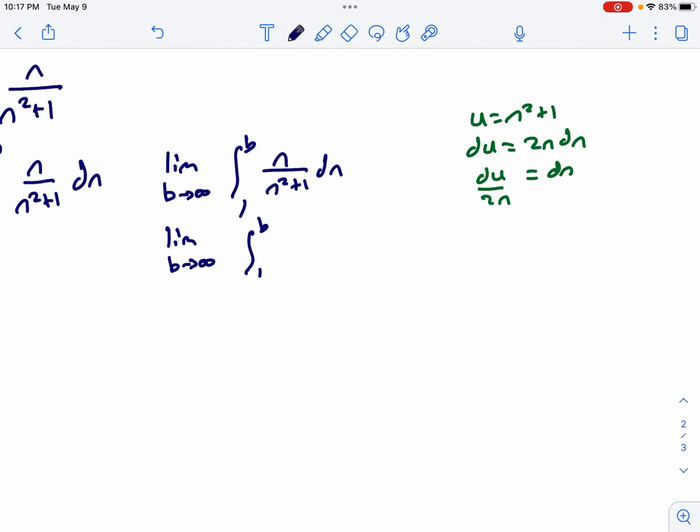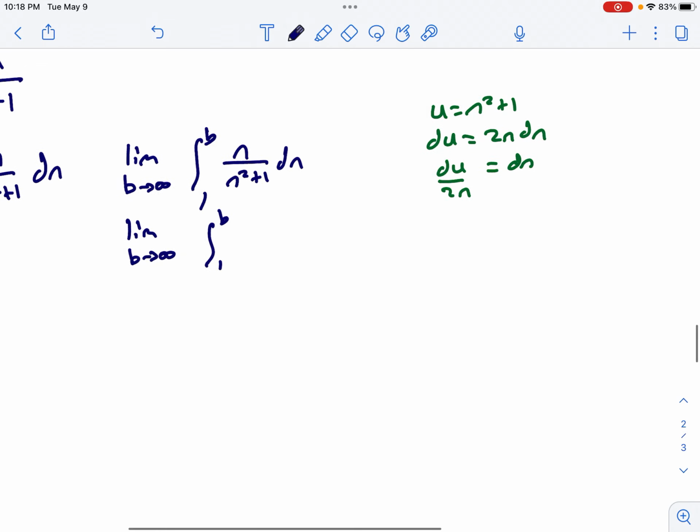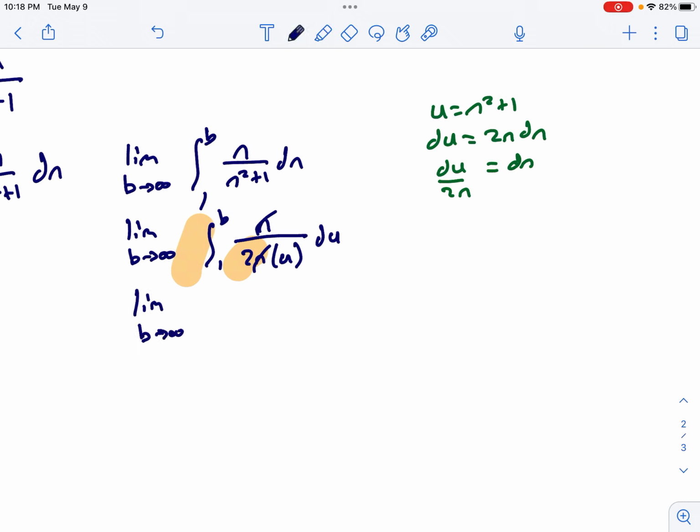I apologize. And let's see, we have n over 2n u du. And so our n's cancel out. We can bring that 1/2 to the front here. The limit as b approaches infinity of 1/2 the integral from 1 to b of 1 over u du.